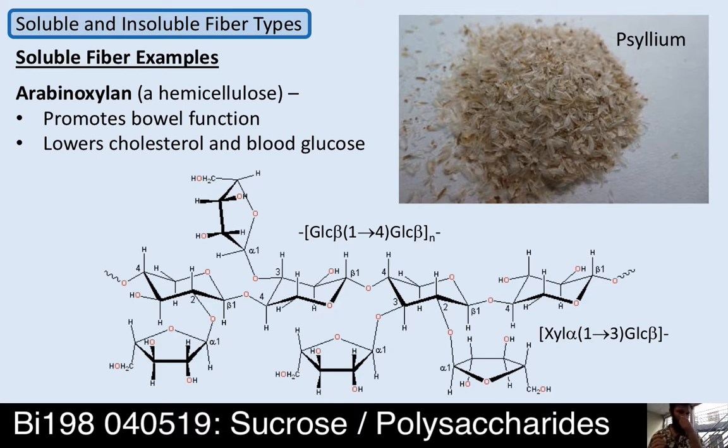The sugar itself, beyond promoting bowel function, actually interacts with your blood lipids and can lower cholesterol, lowers your triglyceride levels, and helps to stabilize your blood glucose levels. So if you're a person who is prone to wildly fluctuating blood sugar, having some kind of soluble fiber like this in your diet can help stabilize that.